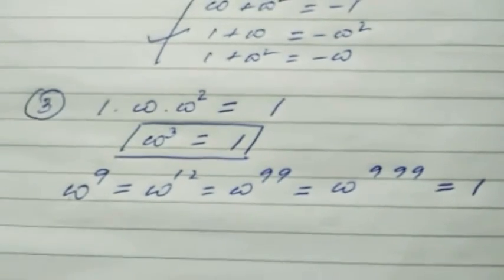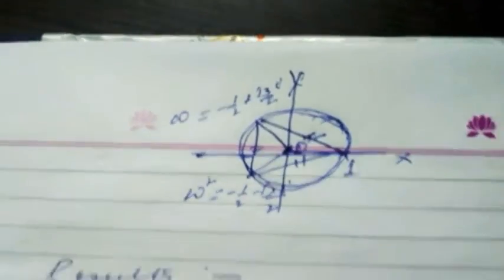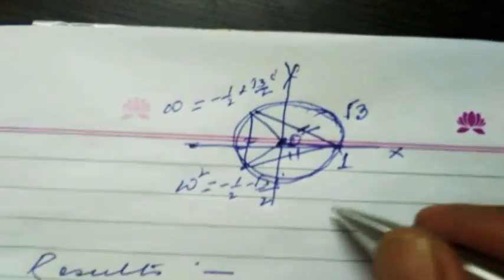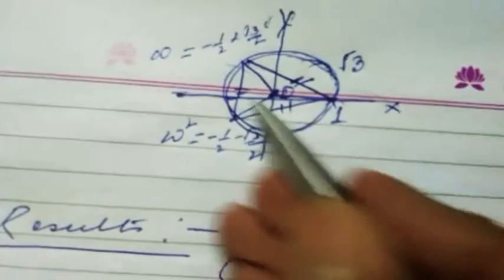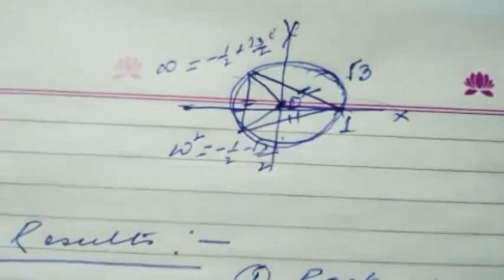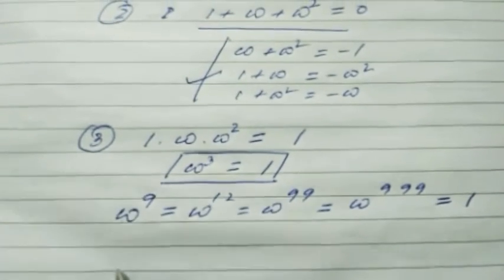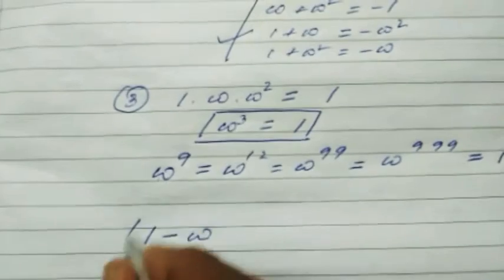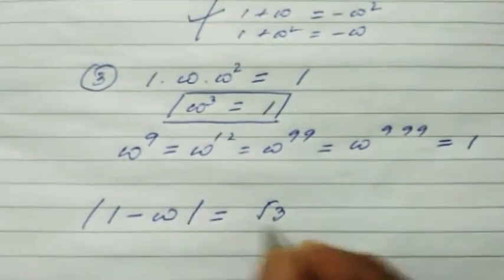One more thing we can discuss is the length of the three sides of the triangle we have formed. The length will be root 3. How do we find the length? The length is the modulus of the difference. Suppose we want the length of one side, that is 1 minus omega in magnitude. We put it in and get root 3.